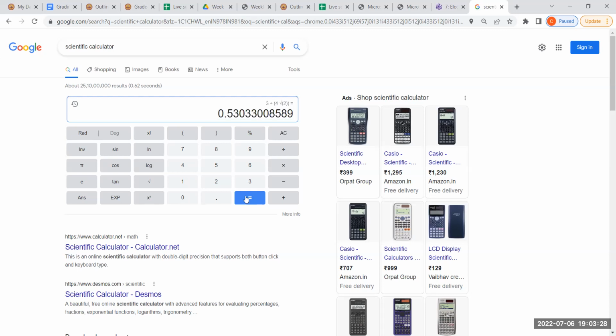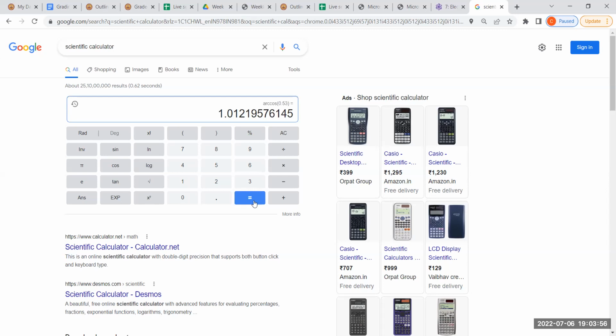So 3 by 4 root 2 gives me 0.53033 and so on. What I'll do next, I need cos inverse. I'll go to inverse and click. Now I have sine inverse, cos inverse, tan inverse. I'll put cos inverse of 0.53, that's sufficient. Put equal.